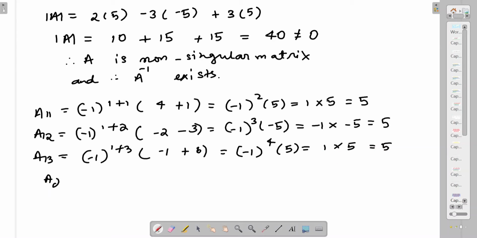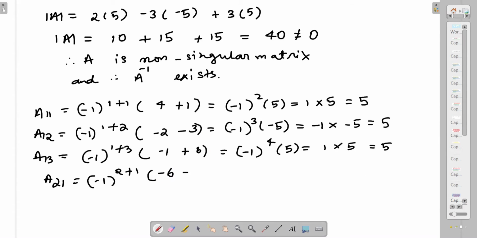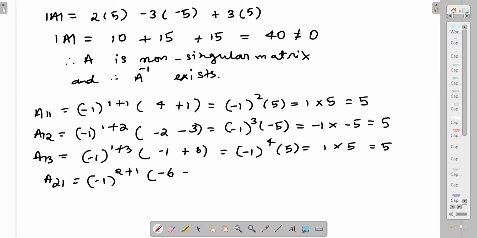Then A21, that is minus 1 raised to 2 plus 1 times, now we hide the second row and first column, so minus 2 times 3 is minus 6, and then minus of minus 1 times 3 is minus 3, but minus minus plus 3 we get, so that is minus 1 raised to 3 times minus 6 plus 3 is minus 3, that is minus 1 multiplied by minus 3, which is 3.